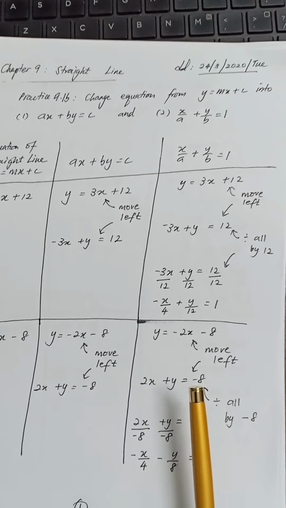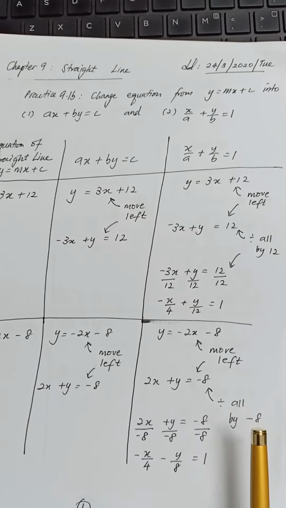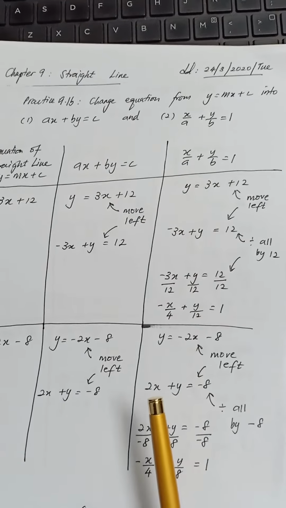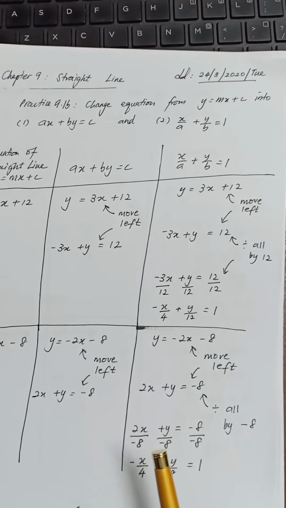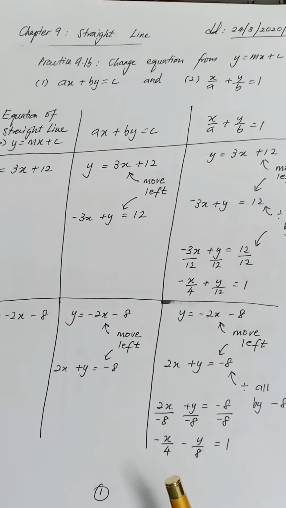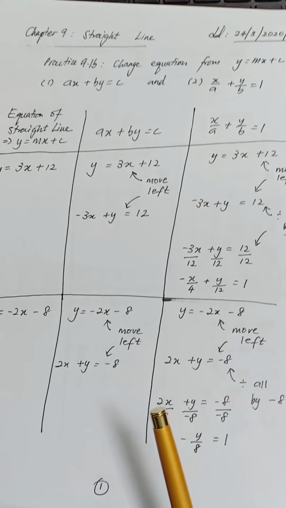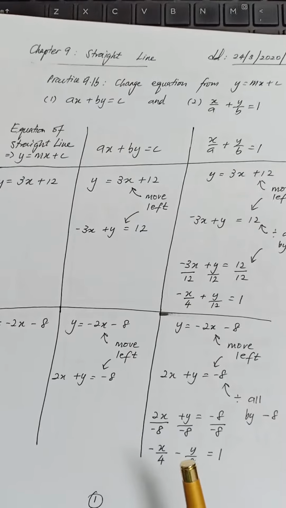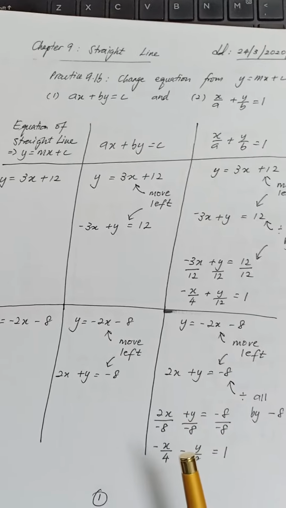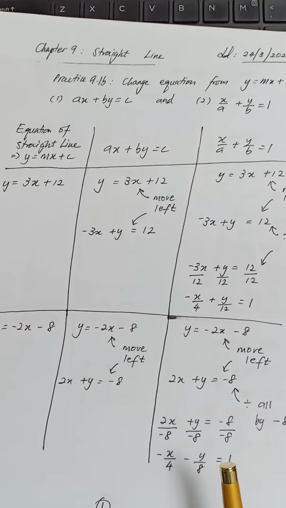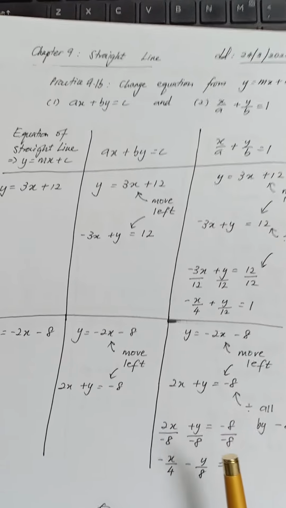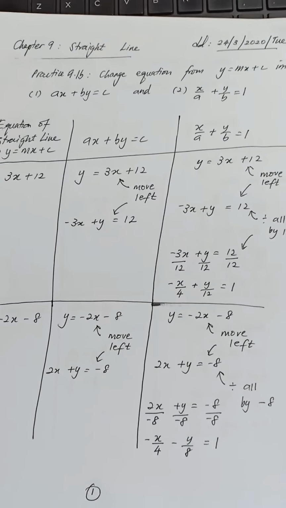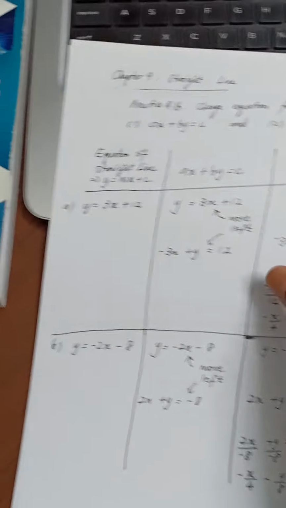You divide by the same number, that is by negative 8. When you divide here by negative 8, all the other terms here you also divide by negative 8. So your final answer is going to be the 2 and negative 8 reduce to negative x over 4, positive and negative becomes negative, y over 8 equals negative and negative becomes positive 1. Very good. Let's move to the other one.